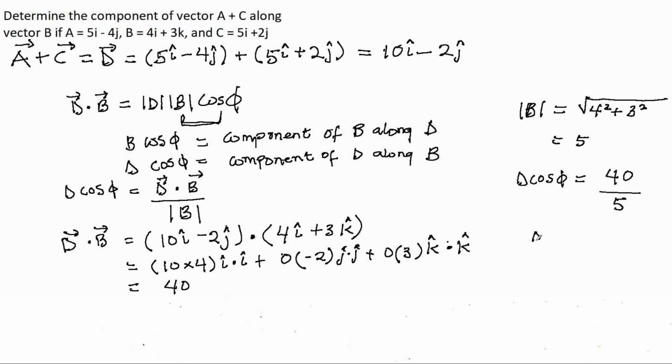D cosine of phi is equal to 8. So 8 is the component of A plus C, or in other words, the component of D along B.